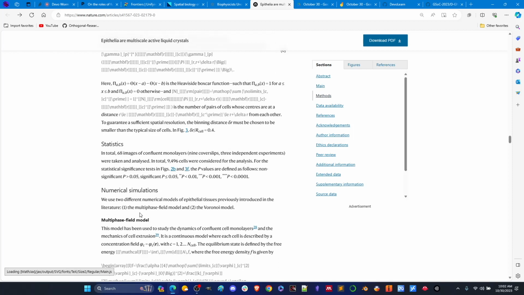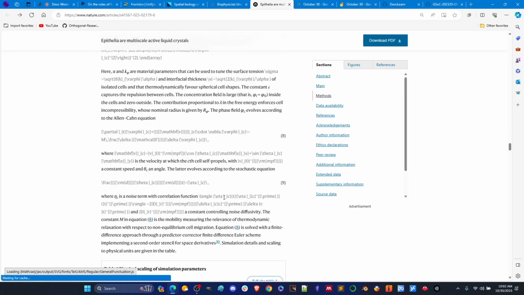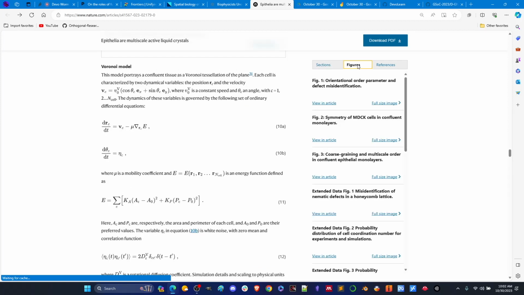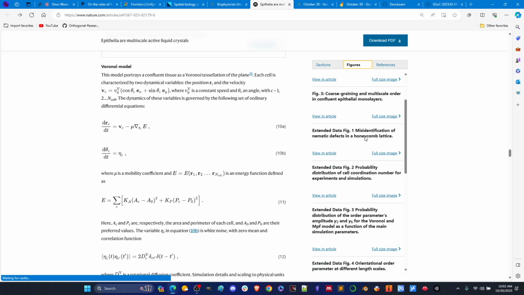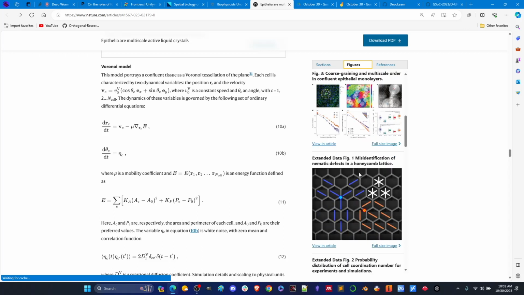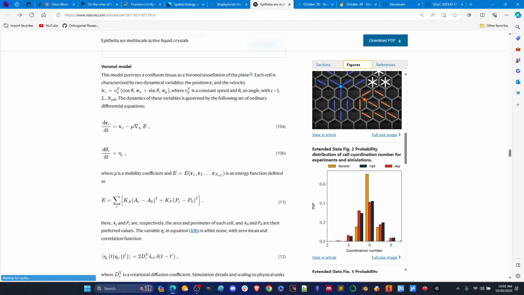They usually have a lot of supplemental figures in these papers, so it may be there. Let's see, there's extended data figure 1, misidentification of nematic defects in honeycomb lattice. Number 2 is probability distribution of cell coordination number.